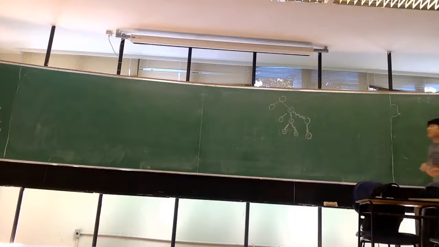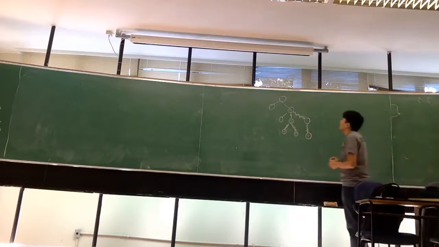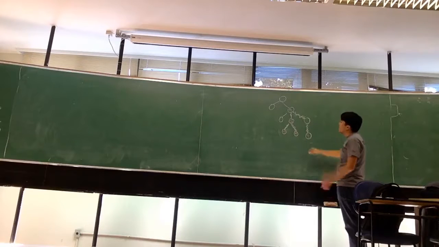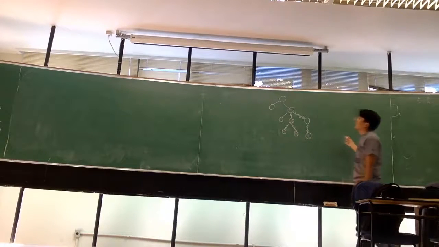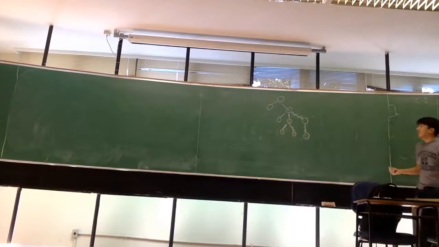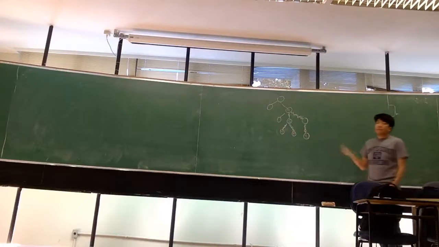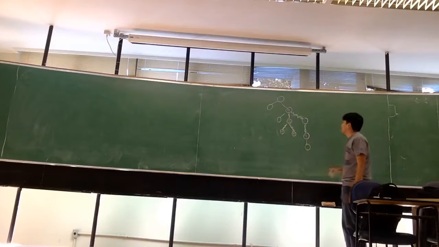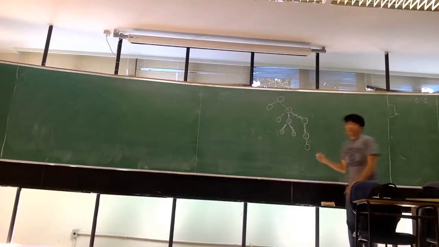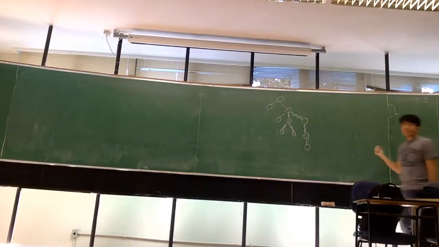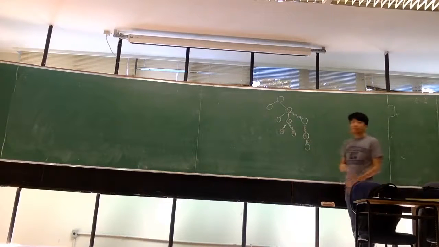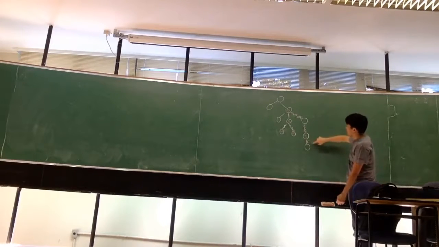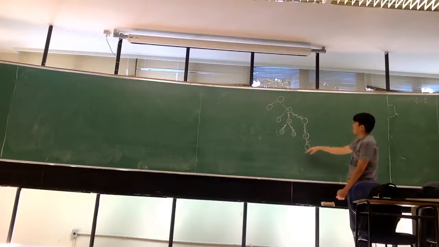Right? And moreover, we know that the leaves of this subtree must belong to the subset that is given to you. Right? Because if that's not the case, then clearly these edges are not necessary. There's no need for me to restore this path if it connects to a vertex that doesn't need to be connected.